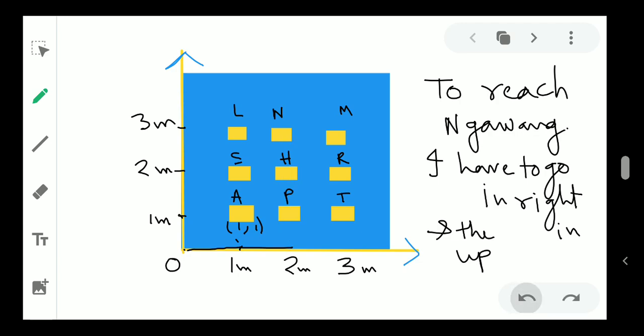So I have to go first 2 meter in right side and 3 meter upside. So the position of Nawang will be: first right side, how much I have to go? That is 2 meter. Then upside, that is 3.